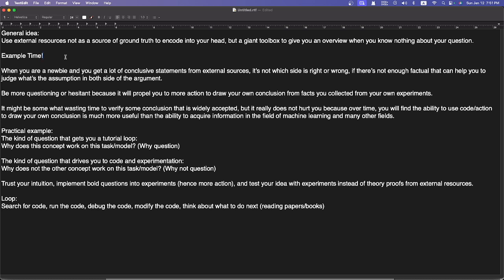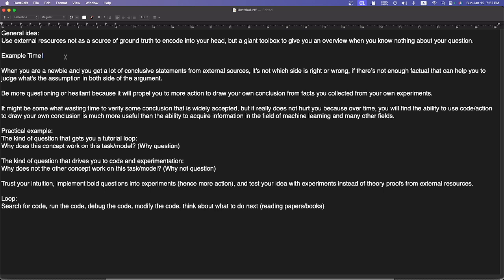They will just feed you conclusive statements, like you should use early stopping to prevent overfitting, or you should use early stopping because the learning rate parameter is dropping below a paramount amount. They would probably not show you the assumption behind those conclusions.